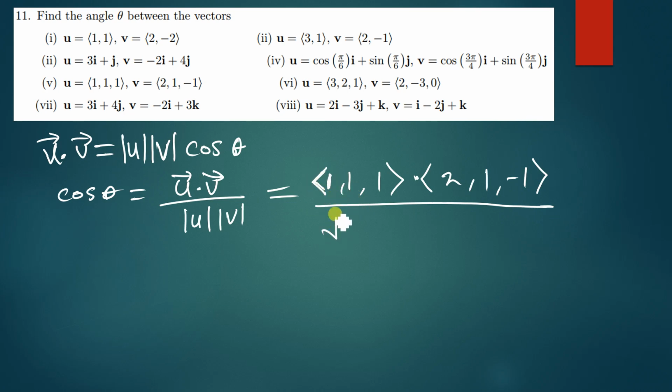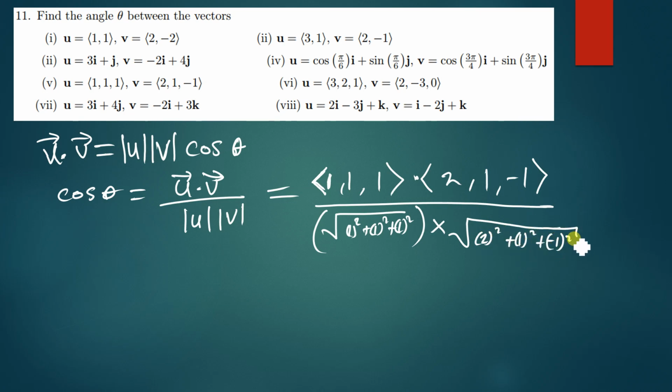The magnitude of the first vector is 1 squared plus 1 squared plus 1 squared, and we're multiplying this with 2 squared plus 1 squared plus negative 1 squared.